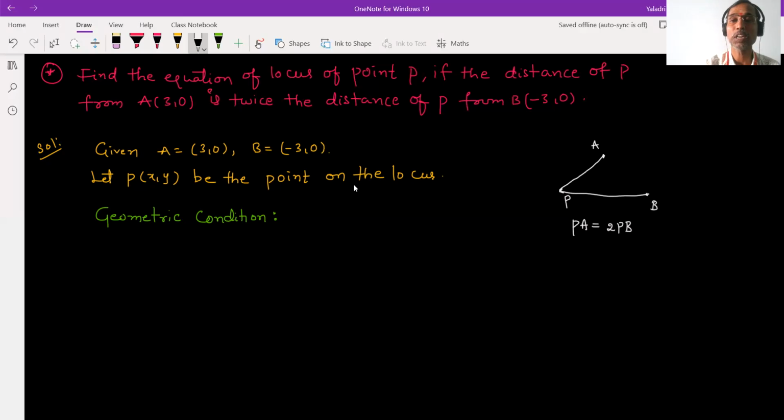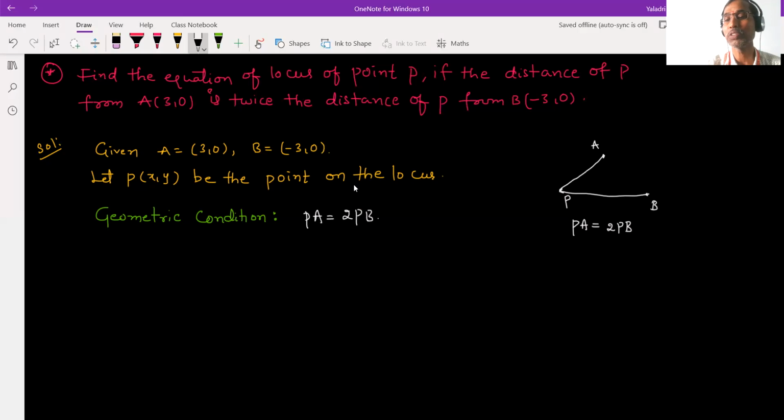Now you should write it: geometric condition, PA is equals to 2 PB. Now here, we should apply the distance formula.